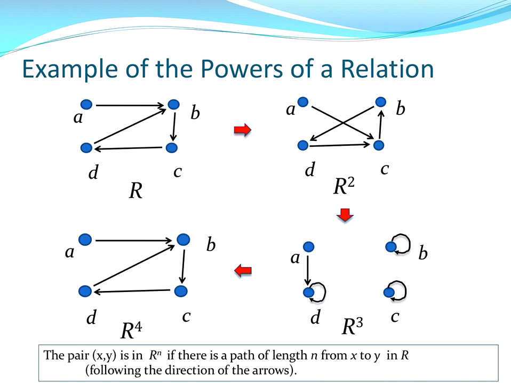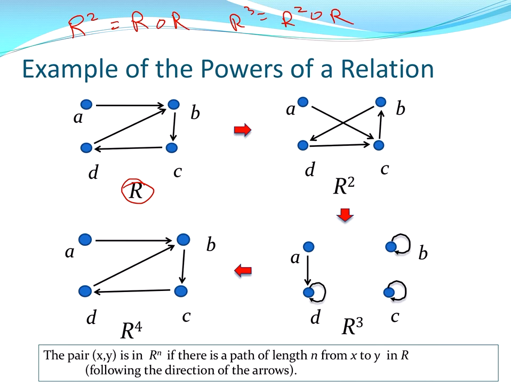So remember that R squared is equal to R composed with R, and R cubed is equal to R squared composed with R, etc. So we can look at R squared in relation to the original relation on our set, in this case the set A, B, C, D, that has 4 ordered pairs in it.